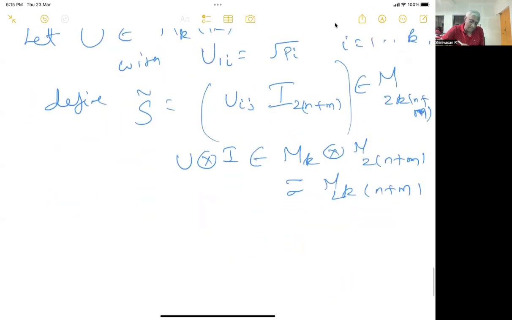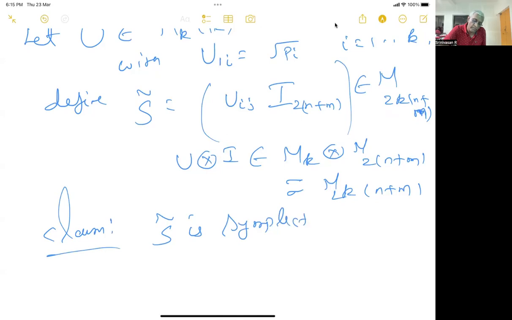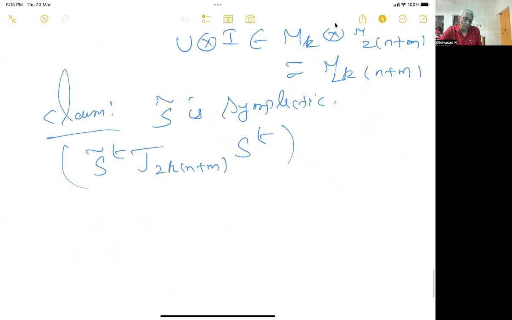Now the claim is that S tilde is symplectic. So you have to write S tilde transpose times J of the big size 2k(n plus m) times S tilde.